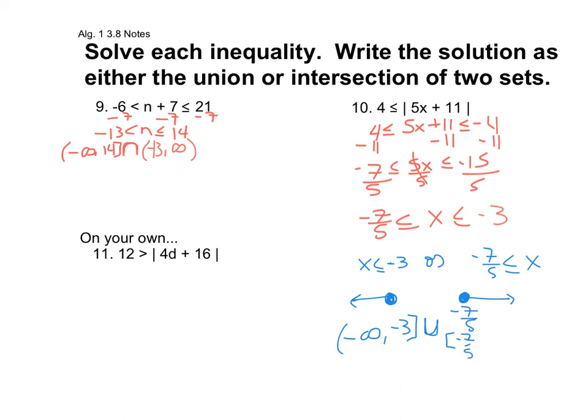That looks horrible. Negative 7 over 5 to infinity. And that is how number 10 should look. Go ahead and pause the video and try number 11 on your own.